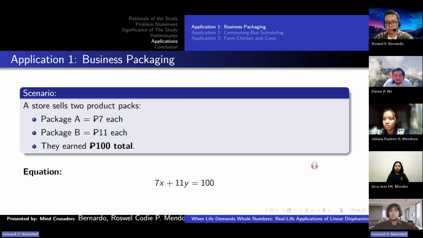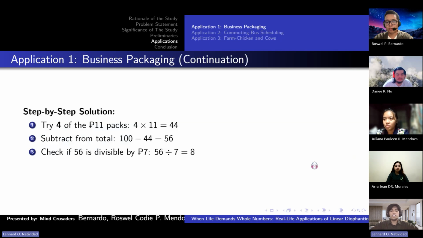To solve this, we think in terms of trial, but in a controlled and logical way. We look for the whole numbers that make the equation true. If we try 4 packs of the 11 peso type, that gives 44. Then we subtract from 100, which gives us 56.